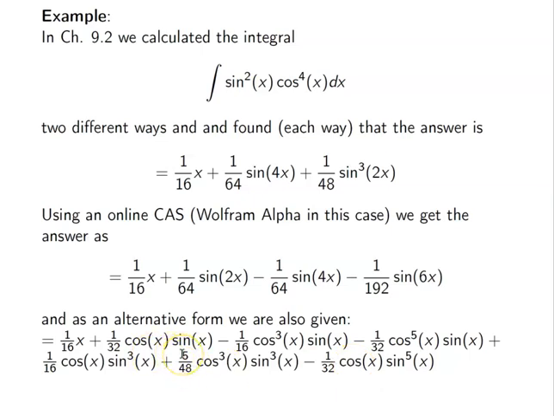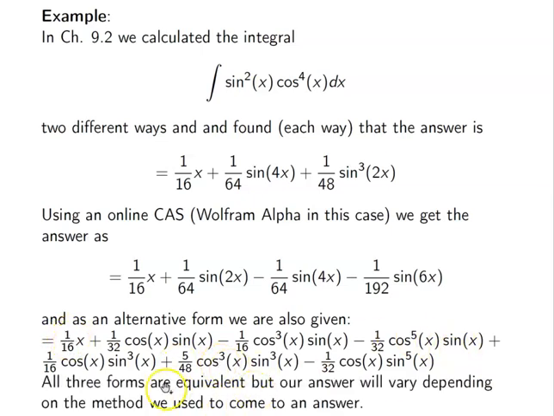So again, I'm sure all of these are equal and all of them can be found from the other ones, but sometimes the computer algebra system will give you an unnecessarily long and complicated answer. Okay, so all three of these forms are equivalent, but the answer that we come up with varies depending on the method that we use to come to an answer, right?